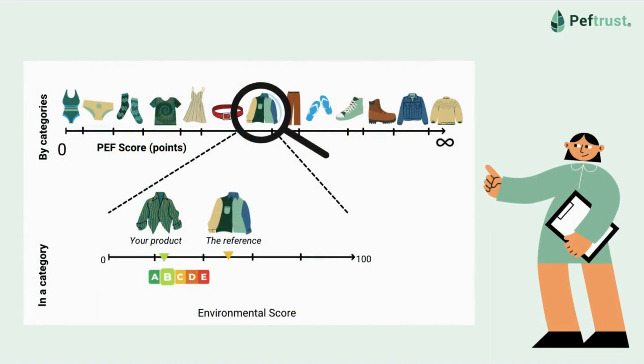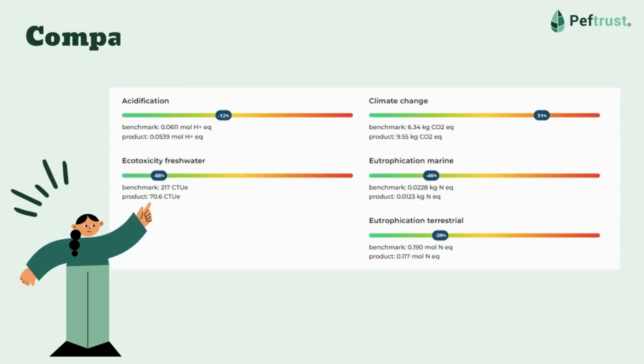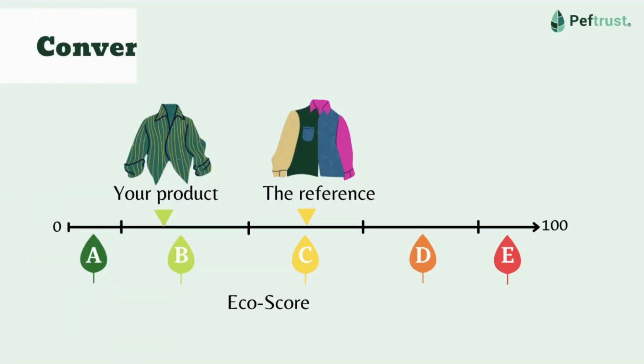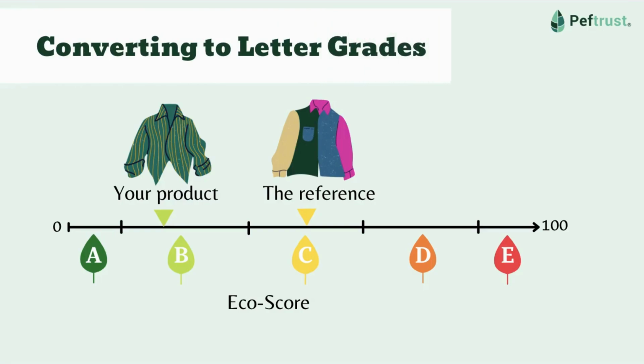The product score is then compared to the score of the associated reference product. The 15% value serves as a reference point. If the product score is higher than the reference score, it indicates a less favorable environmental performance. Conversely, if the product score is lower than the reference score, it signifies a more positive environmental performance.